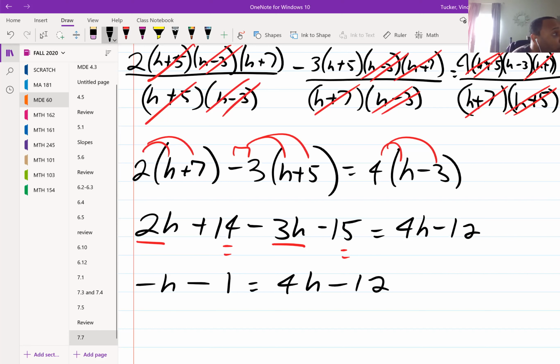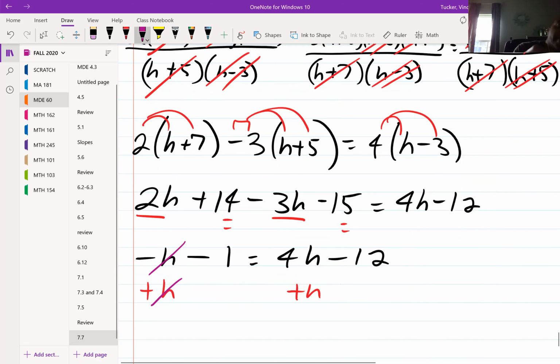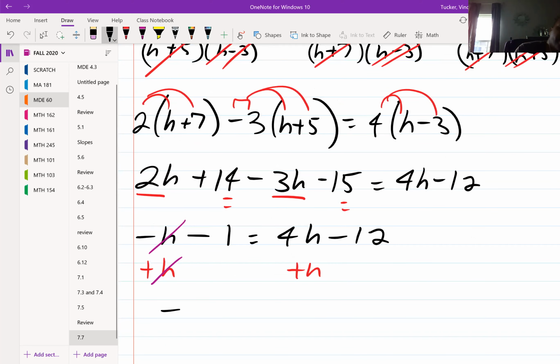Now you can get all of your terms with h to one side, all of your terms without h to the other. What tripped me up was that negative h. So we add h to both sides. You add h. Oh, that it's a 1 there.